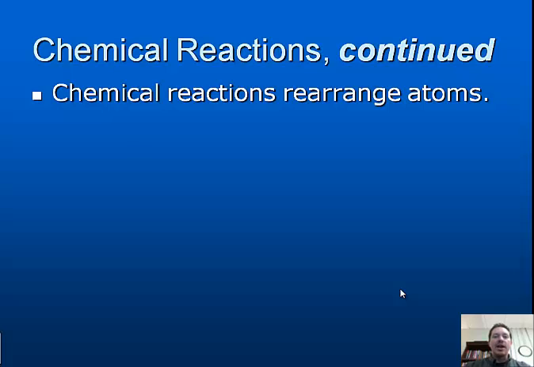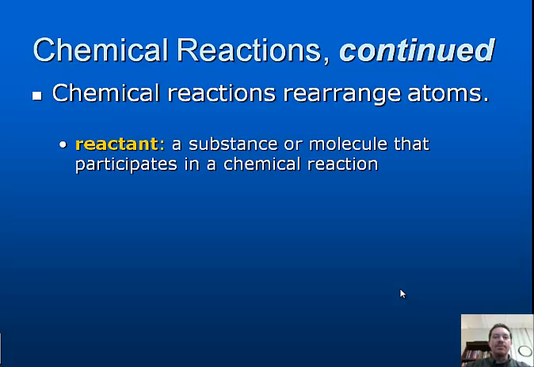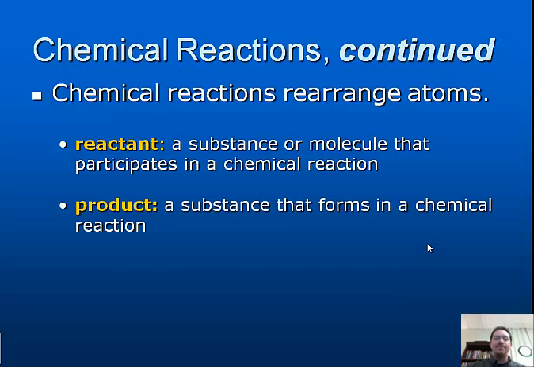What chemical reactions do is they rearrange atoms, and we start with our reactants on one side of the reaction. So reactants is the substance that reacts, basically. They're participating in the chemical reaction. And then the product is the substance that forms.